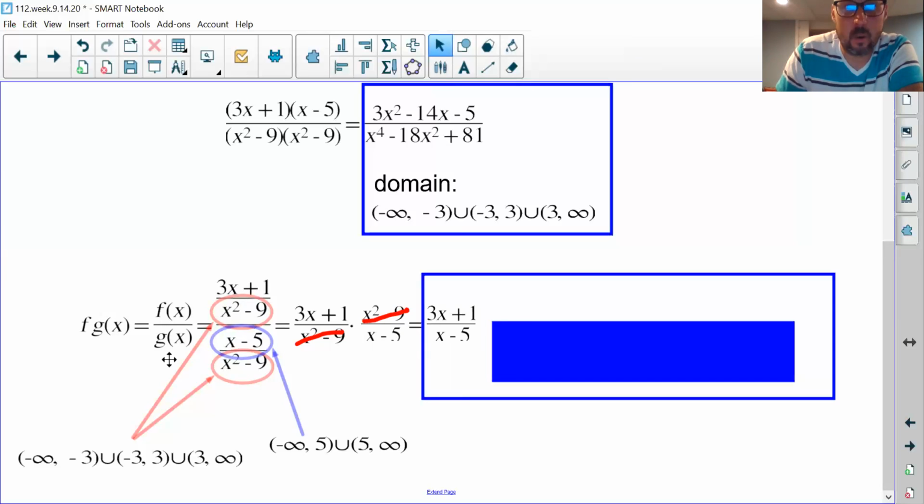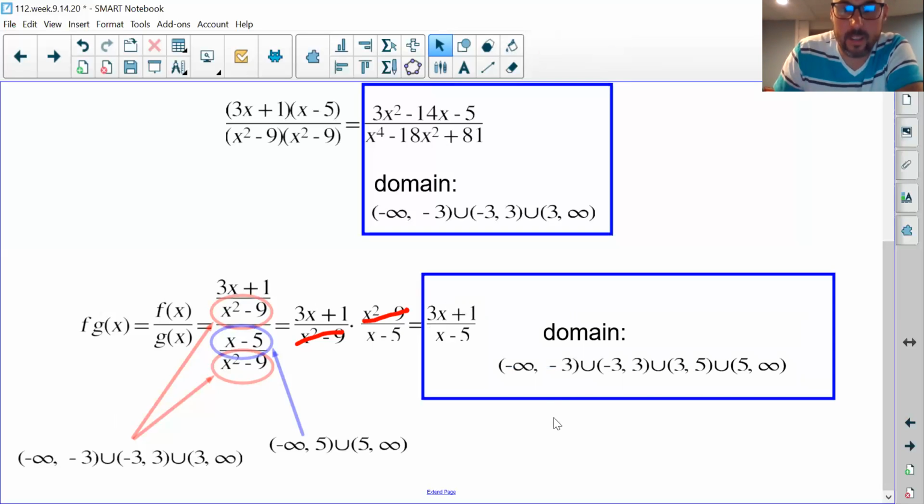So that means the domain, not only can it exclude 5, because that's obviously a problem here, but it has to exclude any other values that gave f or g a problem. And those numbers were negative 3 and 3. So the domain for this final answer is all real numbers except for negative 3, positive 3, and positive 5. So this is how you write that in interval notation.